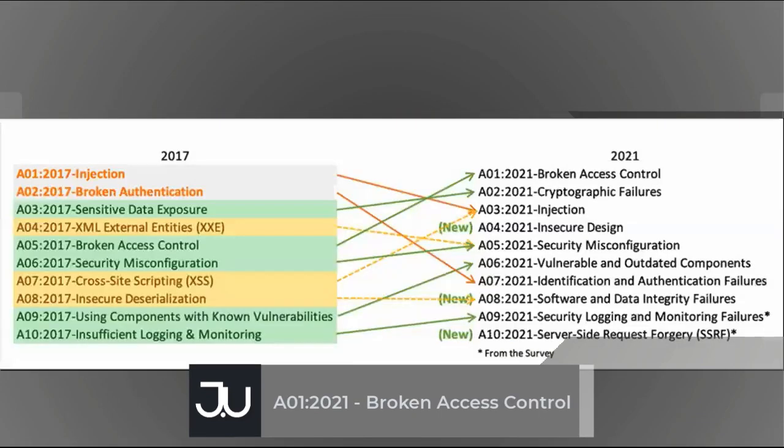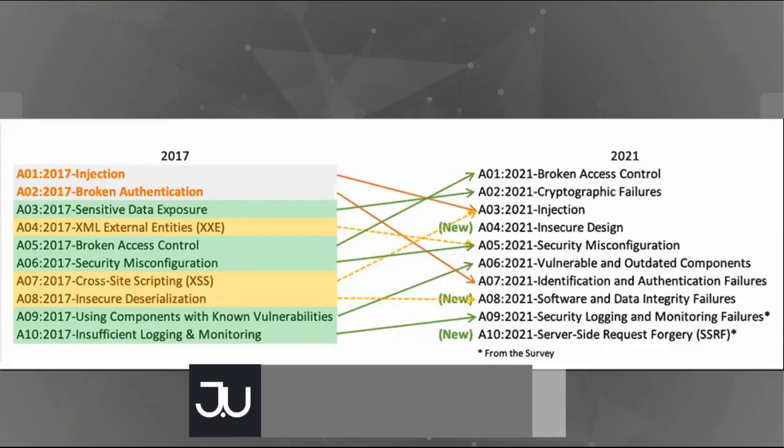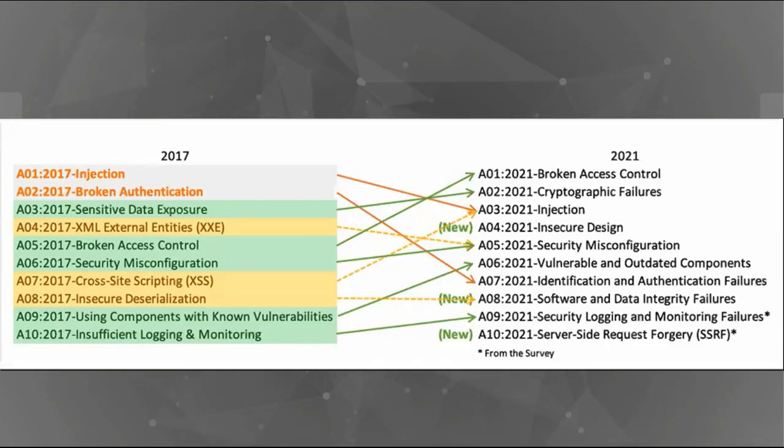So for the Top 10, we'll start with the first one, which was broken access control, if I'm not mistaken. Yeah, right there on our screen, you'll be able to see what's different from 2017 to 2021. The first place is now broken access control. Broken access control was actually fifth place previously, and it's now number one.